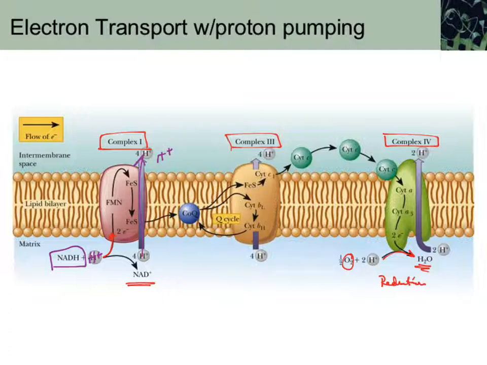So we're now starting to generate that charge basis. Where do those electrons go? Well, the first thing they go to is FMN. What was FMN? As a hint, the M and the N are mononucleotide. What's the F?